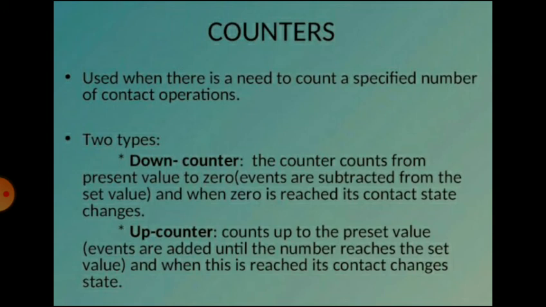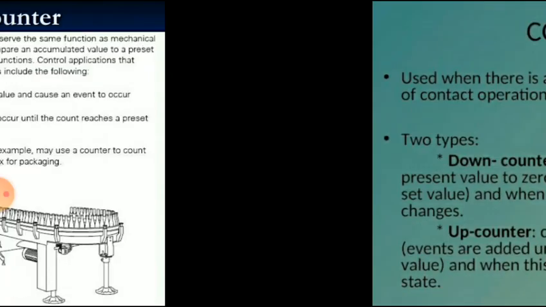That means events are subtracted from the set value, and when 0 is reached, its contact state changes. So it will stop. The up counter counts up to the preset value. That means events are added until the number reaches the set value, and when this is reached, its contact changes its state. That is, it will stop.